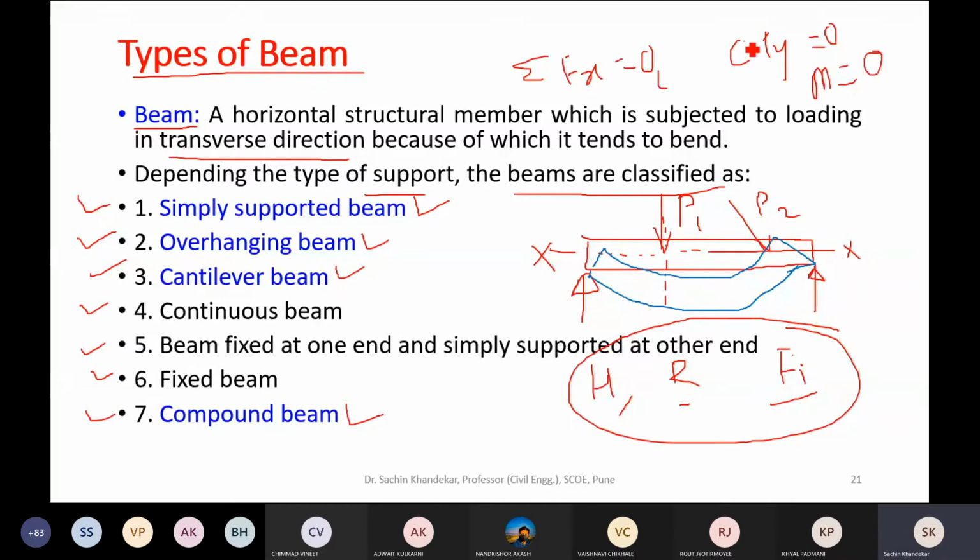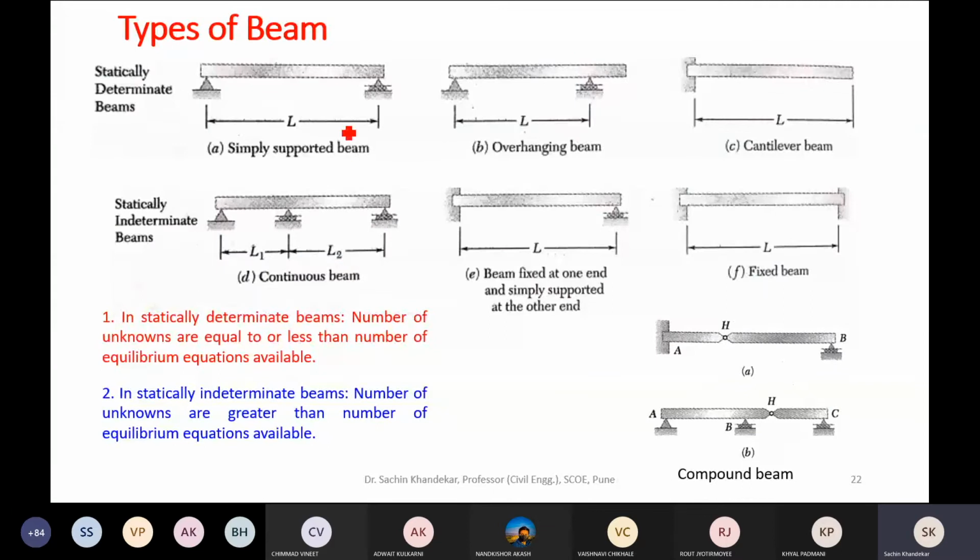These three conditions of equilibrium we are going to employ to solve for the unknowns. Same steps we are going to employ as we employed for the previous problems 1, 2, 3, and 4. Right? Now see, these are the sketches for the different types of beams.